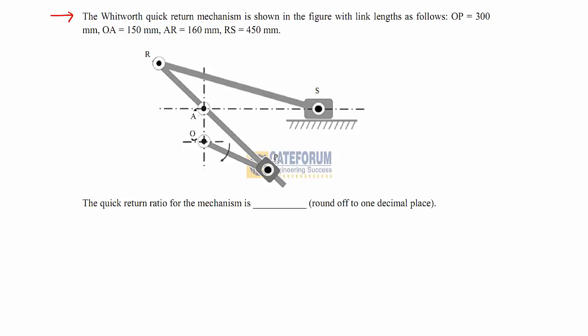OP is the length of the crank, equal to 300 mm, and OA is the distance between the fixed centers, equal to 150 mm, AR equal to 160 and RS equal to 450.